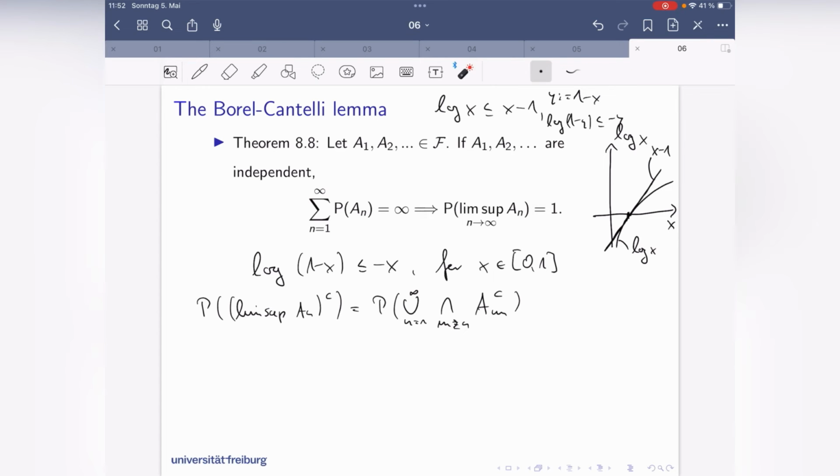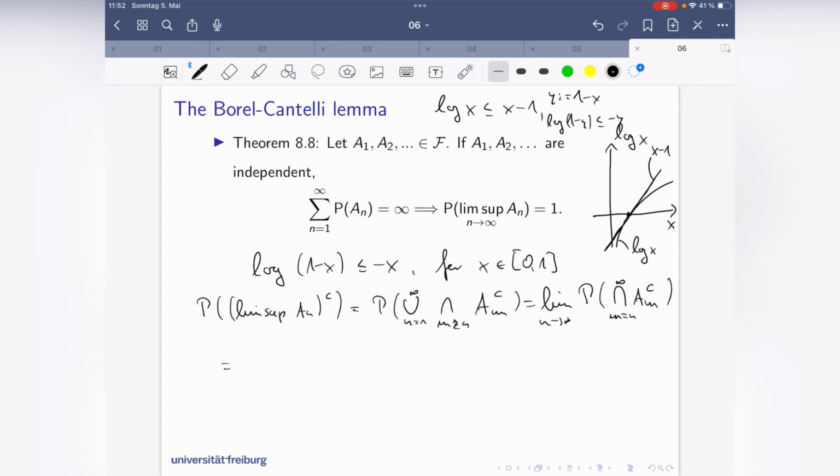Again, you can see that this is increasing now, because the intersection goes over fewer and fewer indices. By continuity of measures, that's the same as the limit as N goes to infinity of the probability of the intersection of A_M complement, M from N to infinity.